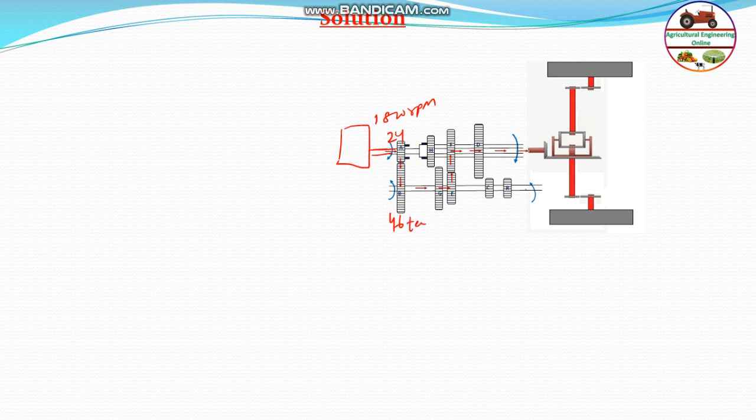This is the counter shaft, and another gear with 20 teeth on the counter shaft is attached with a 50 teeth gear on the main shaft. Again, this is the main shaft.